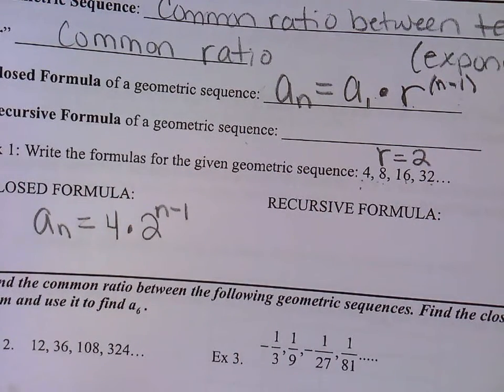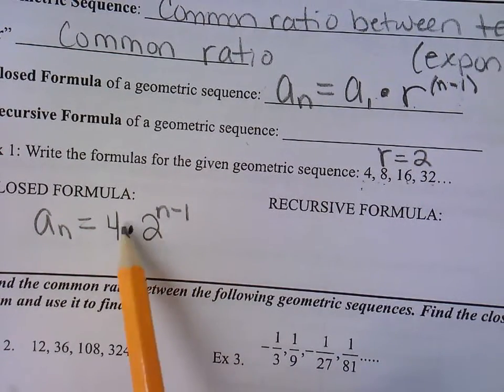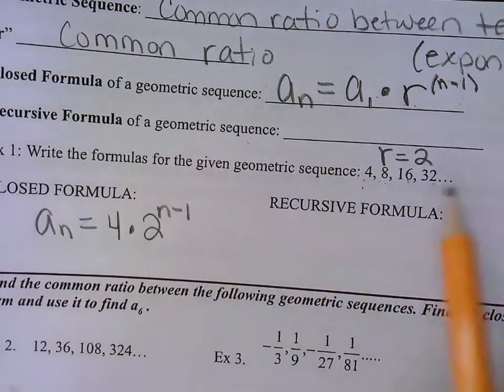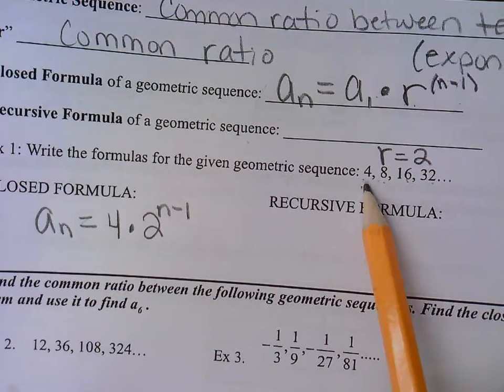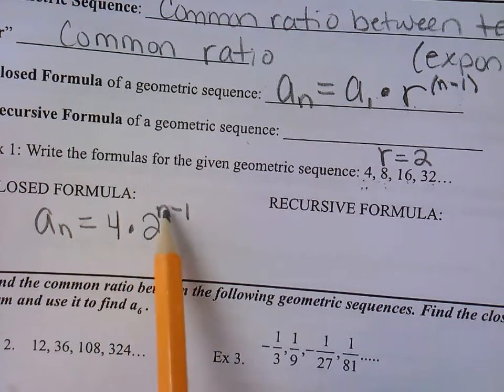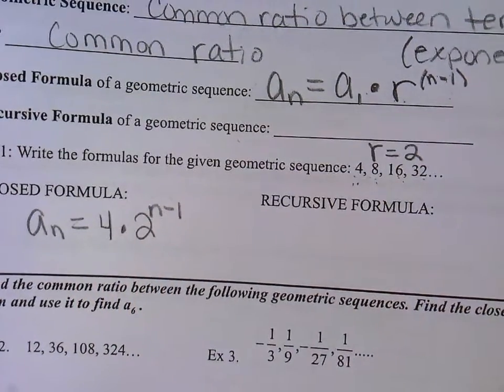So I don't multiply by 2 for the first term, right? When I plug in 1, I just get 4 times 1, because 2 to the 0 power is 1. So see how it generates 4 as the first term. Then 4 times 2 is 8. 4 times 2 squared is 16. 4 times 2 cubed is 32.